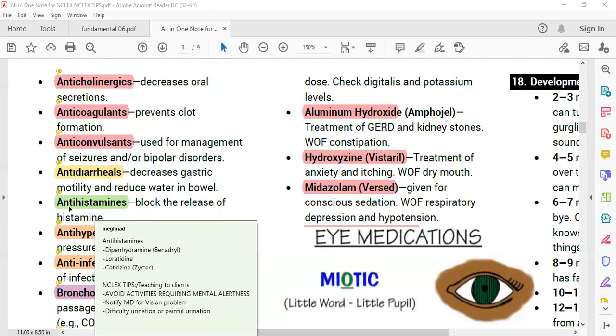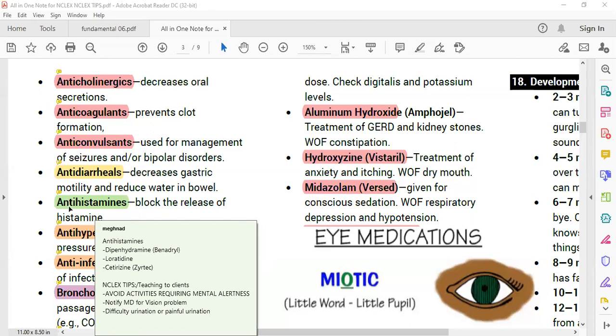The most common antihistamine we use is diphenhydramine. You can buy it from Walmart; it is Benadryl. Or other drugs, loratadine, cetirizine, which we call Zyrtec.